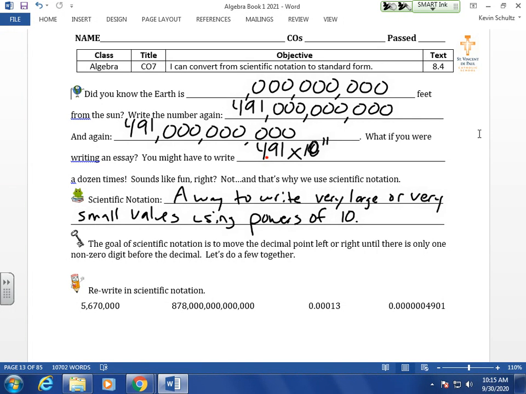Why do we have to make them that? Because, first of all, to let you know that it's in scientific notation, right? And then also, just so it's kind of standard, this 11 tells us that we're moving this decimal over 11 times, 2 times to get back to 491, and then our 9 zeros that come after it. Whenever you multiply by 10, you're moving the decimal point over to the right.